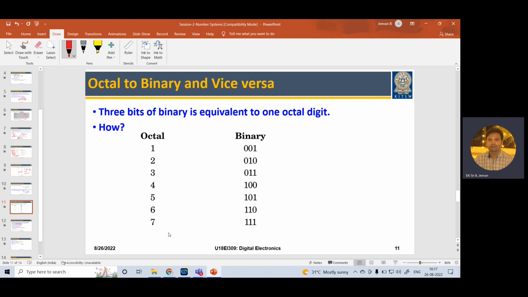Because in the octal number system, the maximum number is 7, which can be represented with 3 ones, so 3 bits. If 7 is represented with 3 bits, automatically the lower values can be easily represented with 3 bits. So the minimum number of bits required to represent an octal digit in binary is 3. We can say every octal digit is equivalent to 3 bits of binary.